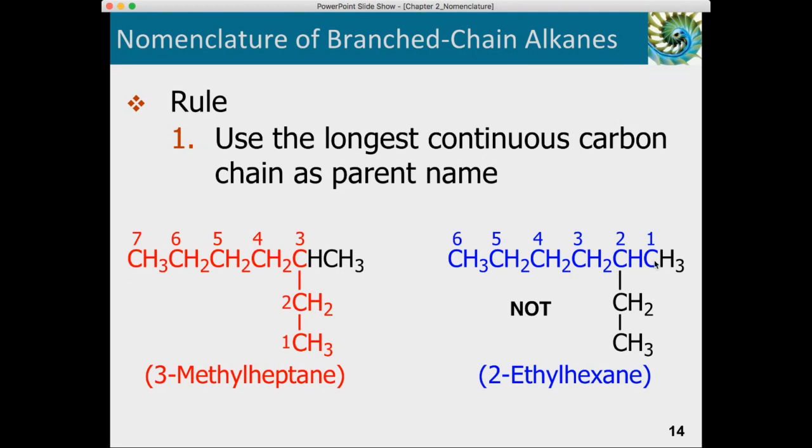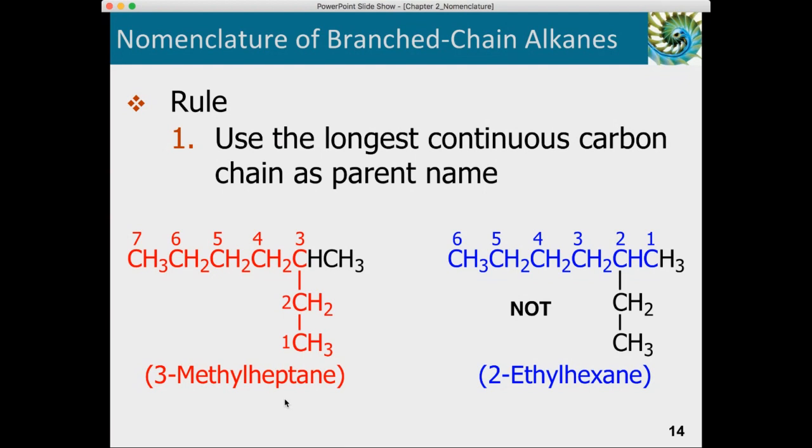We have 1, 2, 3, 4, 5, 6 carbons. This is one possibility for a carbon chain, but a continuous carbon chain also is over here. 1, 2, 3, 4, 5, 6, 7. Because we want to identify the longest, this is the longest carbon chain in this compound. So this could be the one giving the compound the parent name. Because it has 7, the parent name is heptane.